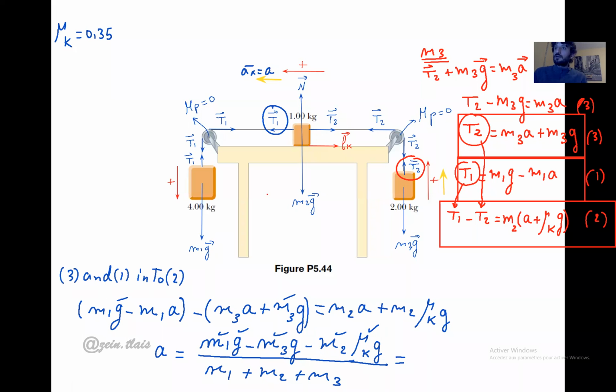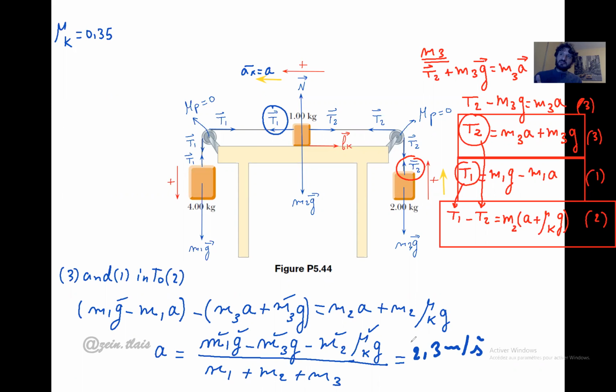Here we get the value of A equals 2.3 meters per second squared. As you see, A is positive, so we chose the right direction. Here you can see if we had the right direction, or we get the opposite.